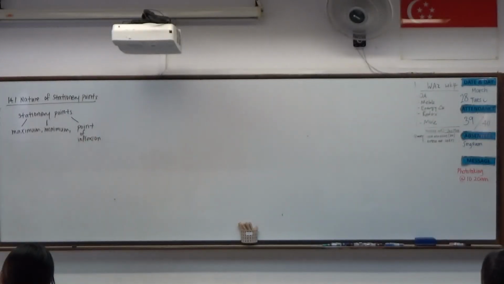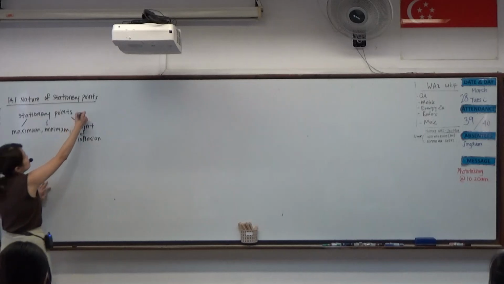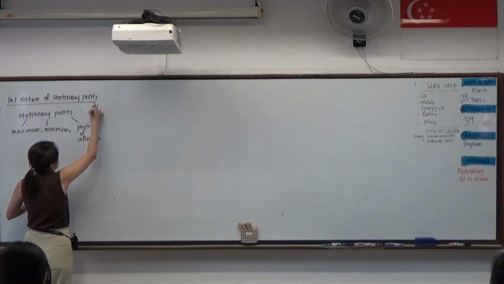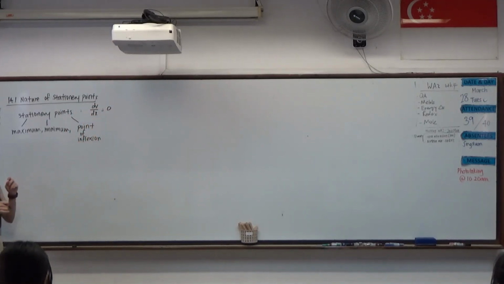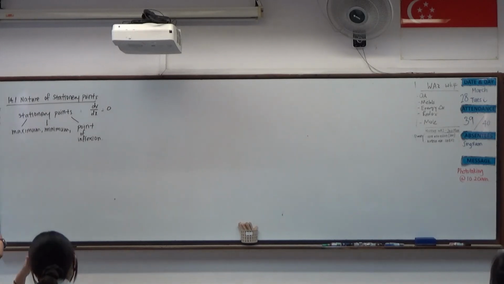To find the coordinates of all these three points, one very critical feature of a stationary point is that your dy over dx at that particular point will be equal to 0, because the tangent is such that the gradient is 0. The tangent itself is horizontal to the x-axis.